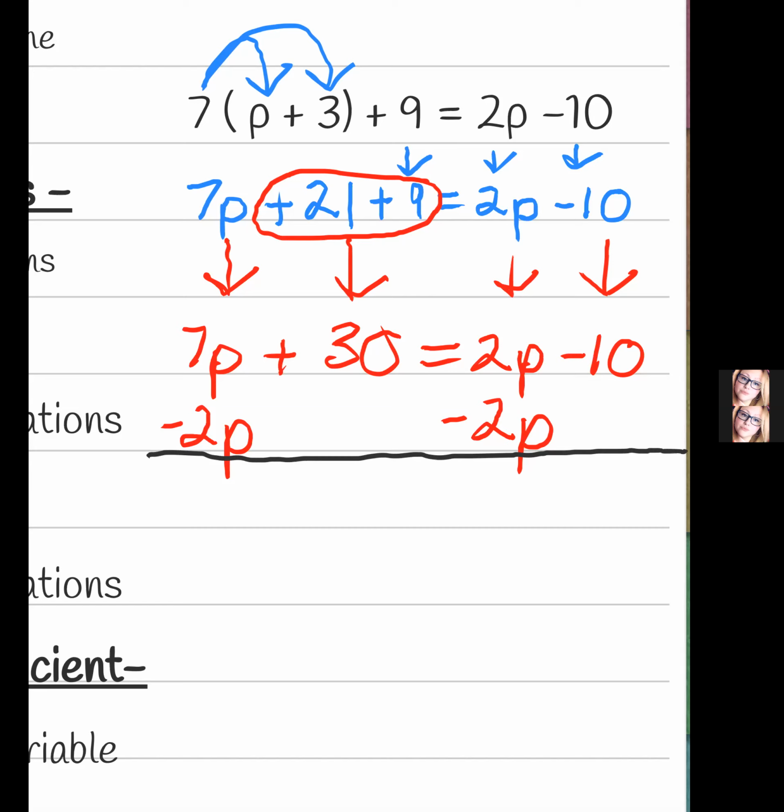So we did this one to get rid of the p's on the right-hand side, because 2 minus 2 is what? 0. That's why we did it. They cancel out. That's gone. Now what is 7 minus 2? 7 minus 2 is 5. And guess what? That p is still attached because we still have a number.